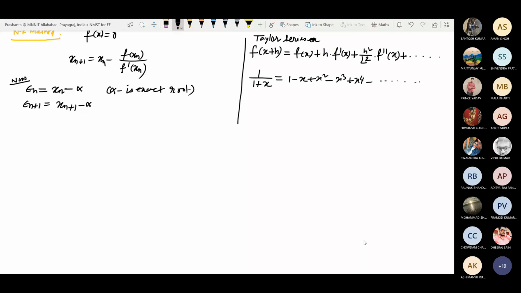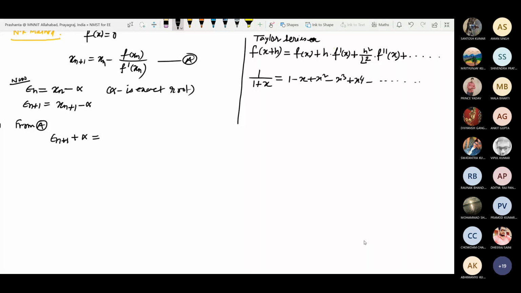Let us call this formula A. From A, what do we have on the left-hand side? What is x n plus 1? It is epsilon n plus 1 plus alpha, is it not?